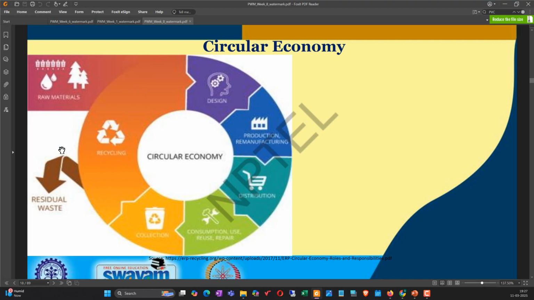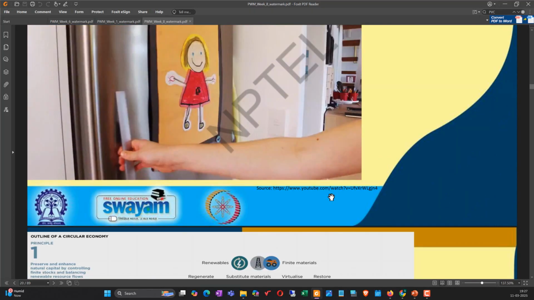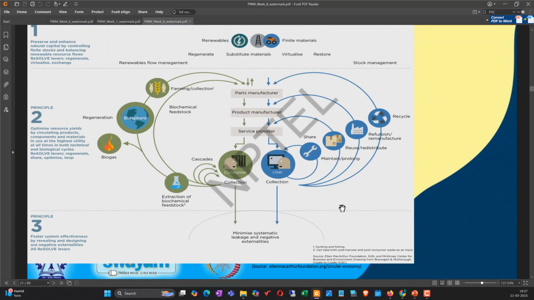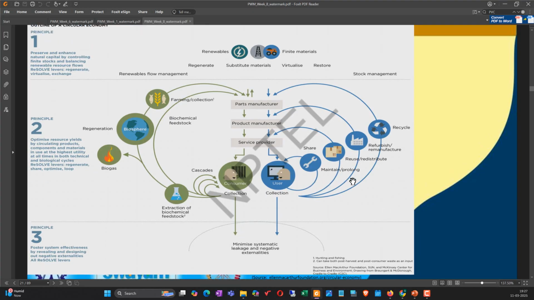Here the residue waste will go to the last two or three options, which were landfilling, incineration, and resource recovery. One video was discussed on the linear to circular economy, and this diagram becomes very important. So this is what I have outlined of the circular economy. I will be discussing this again because it has been emphasized many times in the lecture.